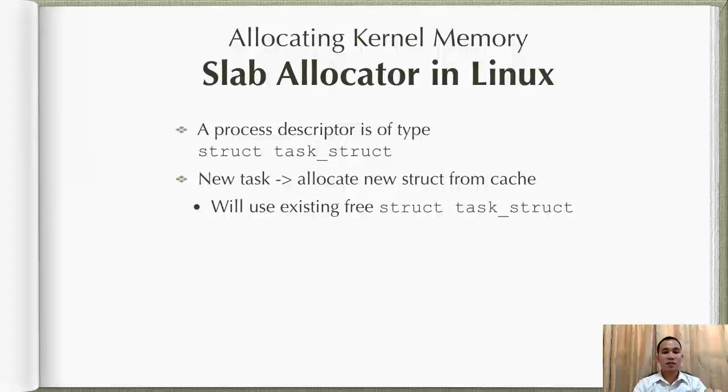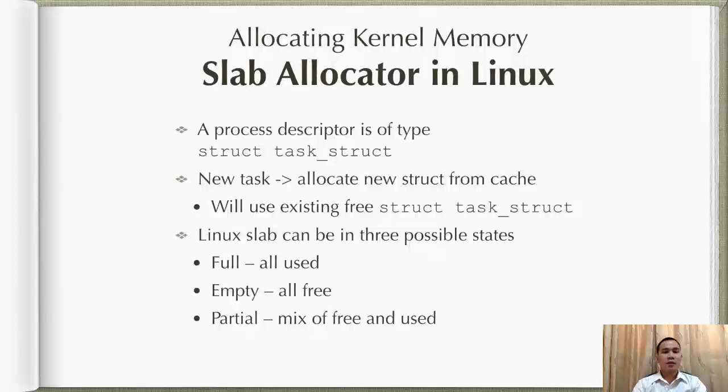Now, when a Linux kernel creates a new task, it requests the necessary memory for the task_struct object from its cache, and then the cache will fulfill the request using a struct task_struct object that has already been allocated in a slab and is marked as free. A Linux slab can be in 3 possible states: full, meaning all used; empty, all free; or partial, a mix of free and used.